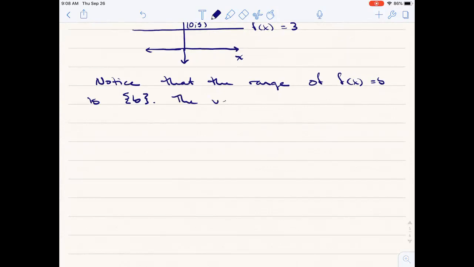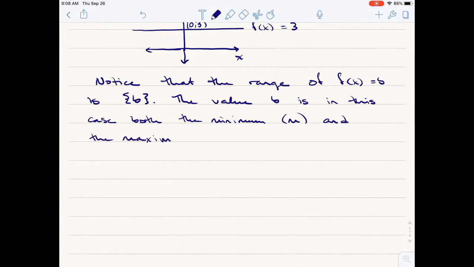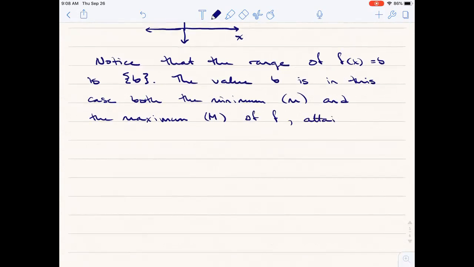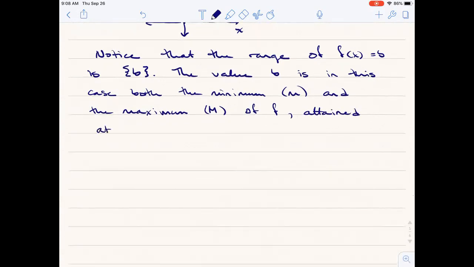And so the value b is, in this case, both the minimum, lowercase m, and the maximum, capital M, of f attained at each value in its domain, which is from negative infinity to positive infinity.